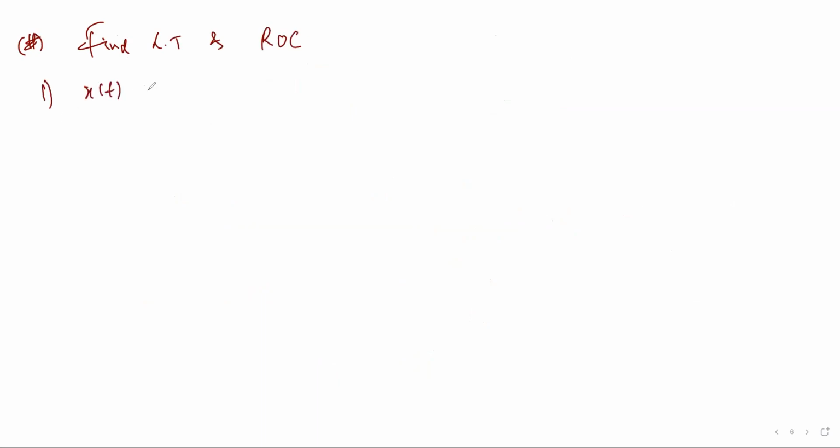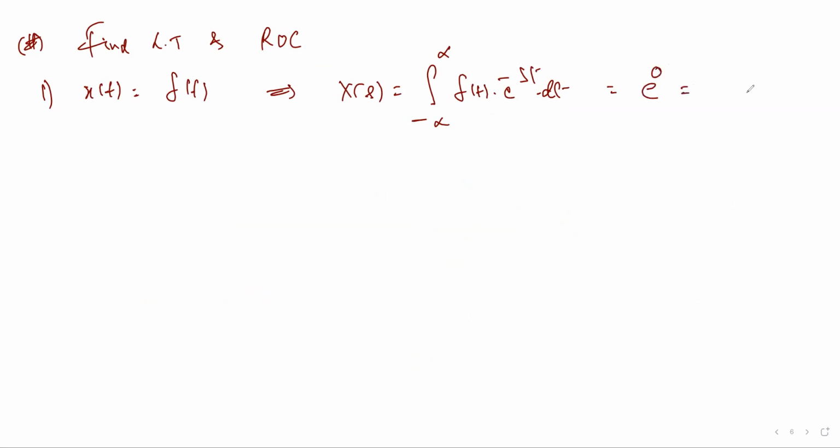If x of t is delta of t, then the Laplace transform is integral minus infinity to plus infinity of delta of t e power minus st dt. From the impulse function shifting property, it is e power 0, that is 1. So ROC: since there is no s to verify, for all values of s it is 1 only, converges. So ROC is the entire s-plane.